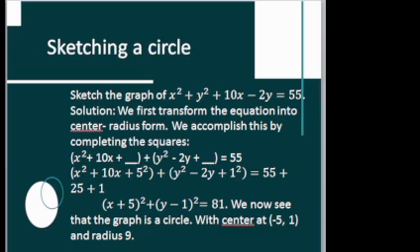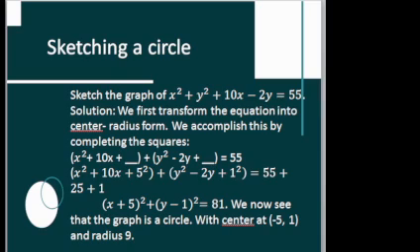We can make a square of binomial as the factor for that. And at the other group, we have y squared minus 2y plus 1 squared. The factor for that perfect square trinomial is y minus 1 squared. Why is it minus?